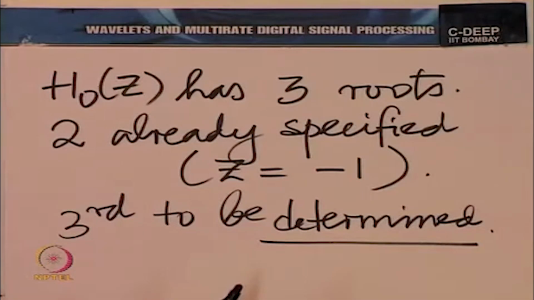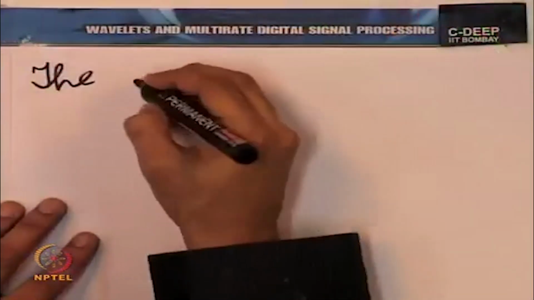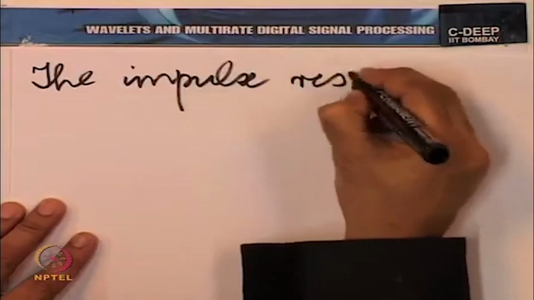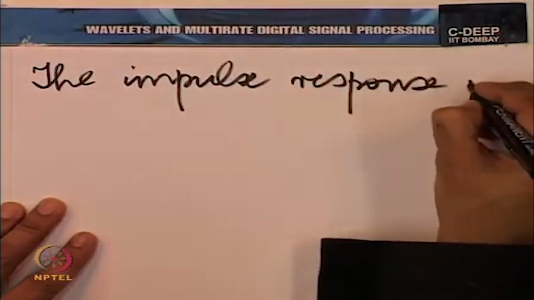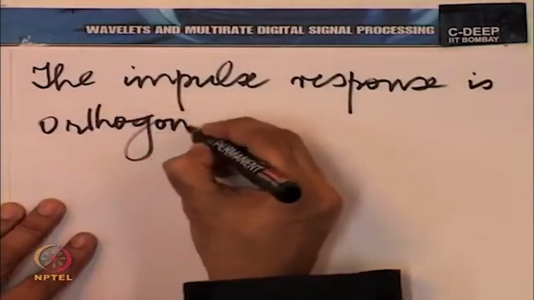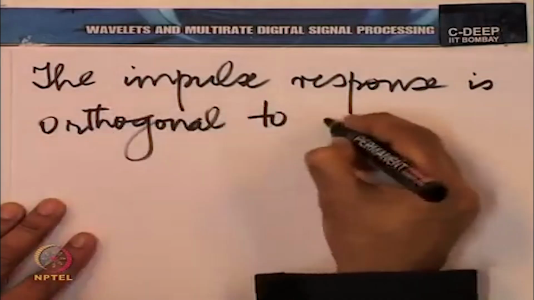And where do we determine this third root from? Well, we go back to the requirement of orthogonality to even shifts. So, recall that we had said that the impulse response is orthogonal to even shifts.